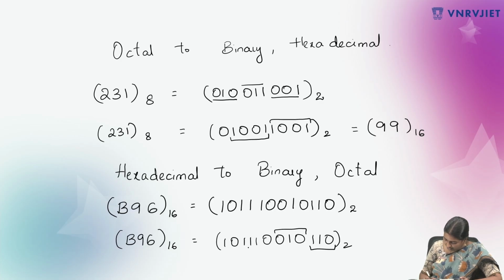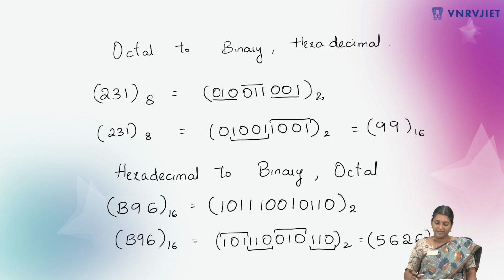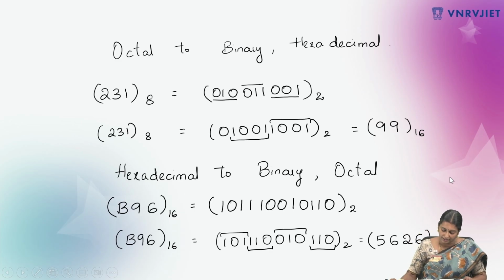Because octal means 8, which is nothing but 2 power 3, and hexadecimal means 16, which is nothing but 2 power 4. So 101 is our 5, 110 is our 6, 010 is 2, and 110 again is our 6. So this is how we will convert a hexadecimal number to octal, and similarly hexadecimal to binary.